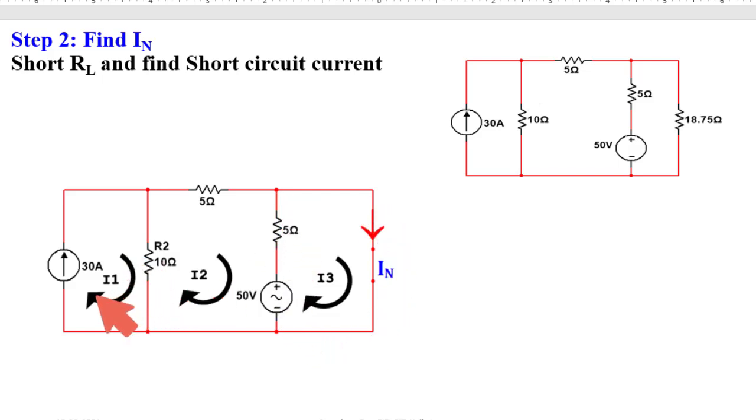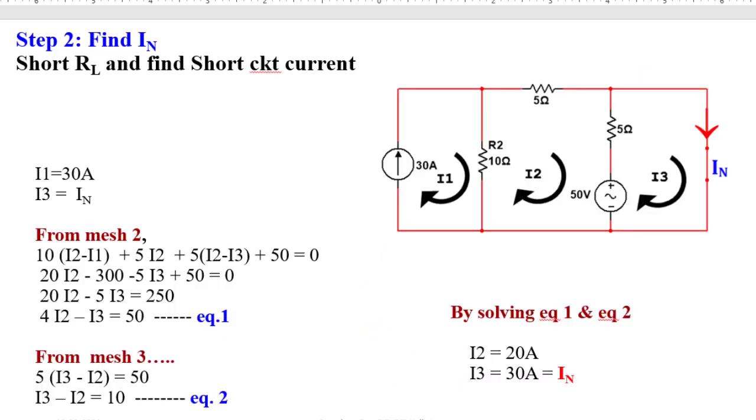Here I1 is flowing through this loop, so value of I1 is no doubt 30 ampere. Similarly, I3 is flowing through this loop, so I3 is equal to IN. Now by using KVL, we will find the different equations from different loops, and we need to solve it to find ultimately the value of I3. So this is that circuit.